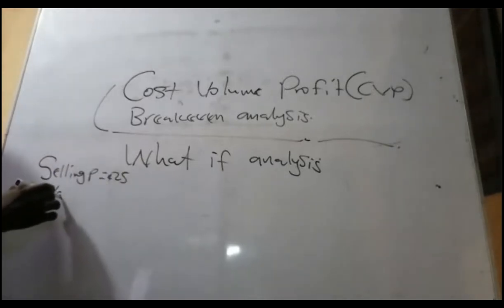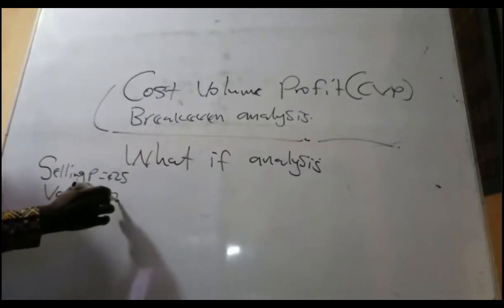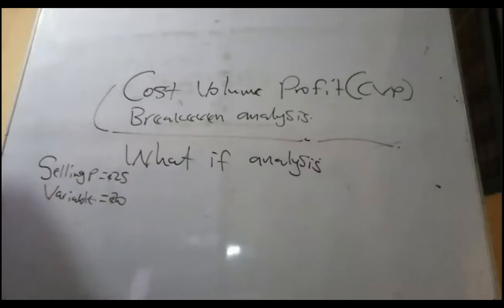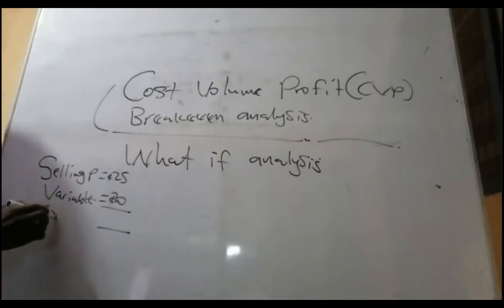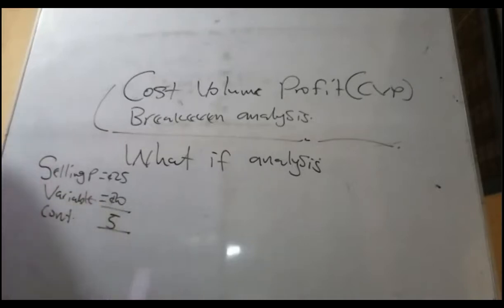The variable cost happens to be 20 Ghana cedis or $20. What will be the contribution per unit? If the selling price is 25, variable cost 20, contribution will be what? Okay, so contribution per unit will be 5 cedis or $5.